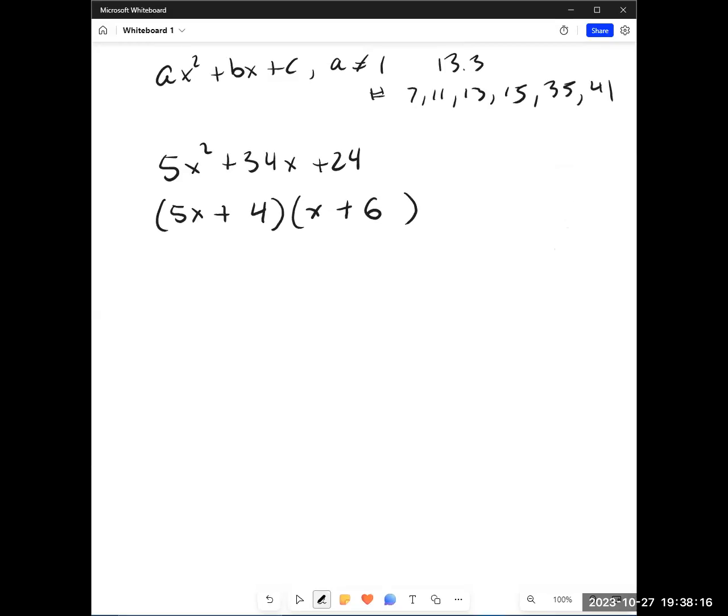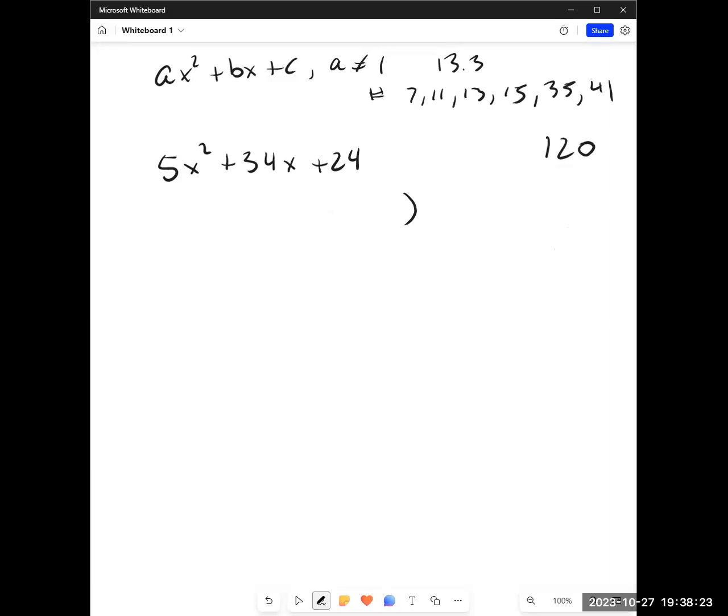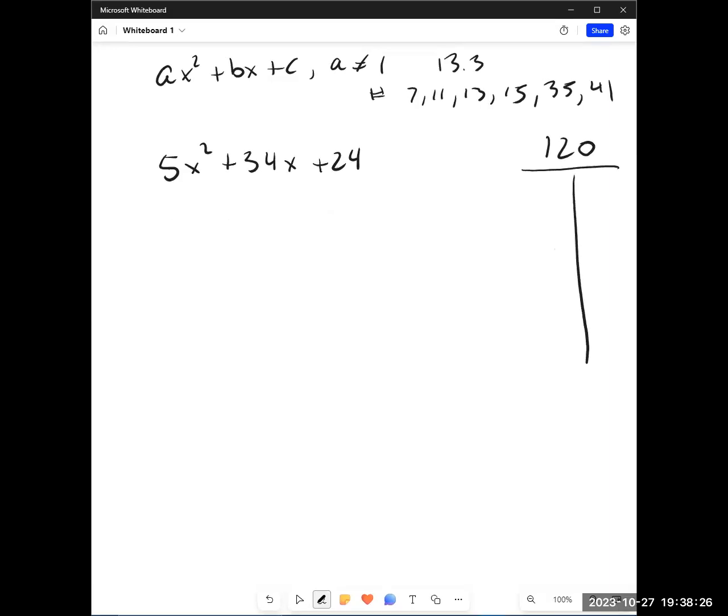What we're going to do is multiply the 5 times the 24, and we're going to get 120. And then we're going to think of the factor pairs of 120. So 1 and 120, 2 and 60, 3 and 40, 4 and 30, 5 and 24, 6 and 20, 8 and 15, 10 and 12, and that's it.